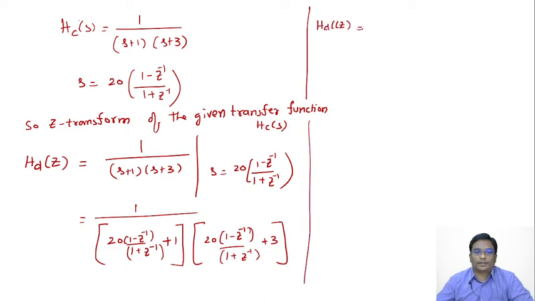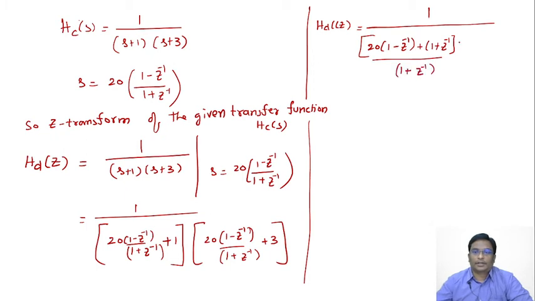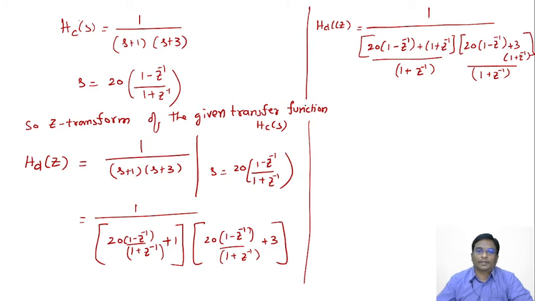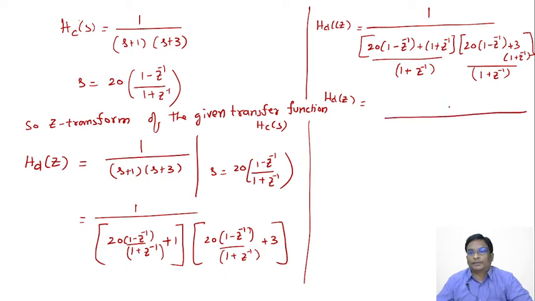This HD of Z equals 1 divided by, let us rearrange these terms here: [20 into (1 minus Z inverse) plus (1 plus Z inverse)] divided by (1 plus Z inverse), and here [20 into (1 minus Z inverse) plus 3 into (1 plus Z inverse)] divided by (1 plus Z inverse). The denominators are 1 plus Z inverse, 1 plus Z inverse; if you go to the numerator, it becomes multiplication.